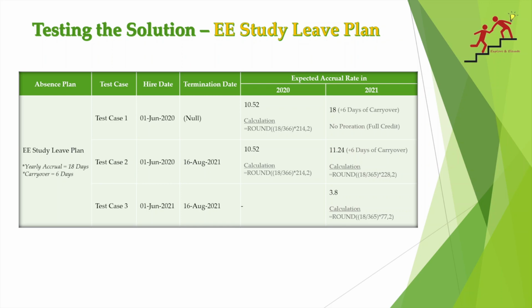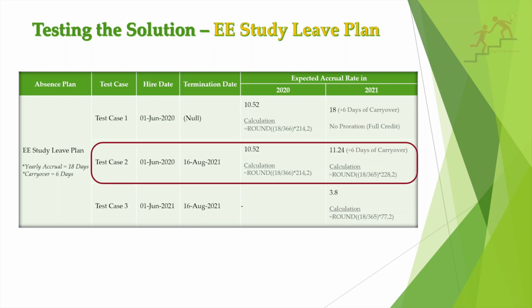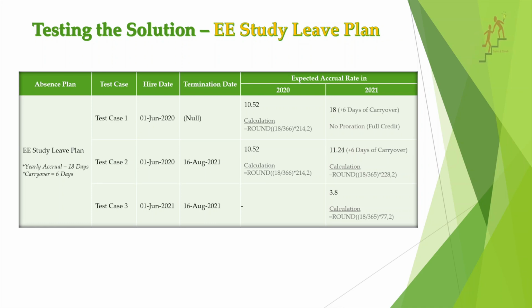The same employee record is used in the second test case. Here, whatever we discussed for the year 2020 remains the same, but the proration should happen in the year 2021 as this employee is terminated as of 16th August 2021. So the prorated accrual from 1st of Jan 2021 until 16th of August 2021 would be 11.24, along with the carryover from 2020.